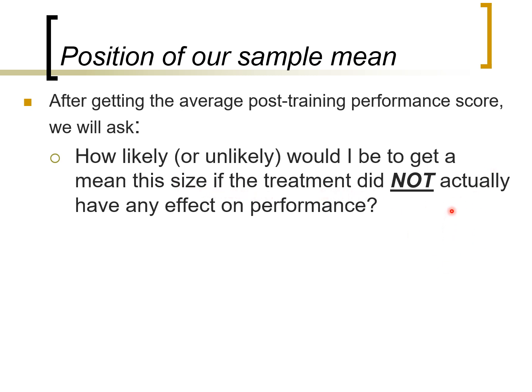What's the likelihood that it would get there if there is no real effect, if it just happened due to sampling error? The further extreme it is, the lower the probability that it just got there due to sampling error. The more extreme and away from the center of the distribution our sample mean is, the more likely that there's something real going on.